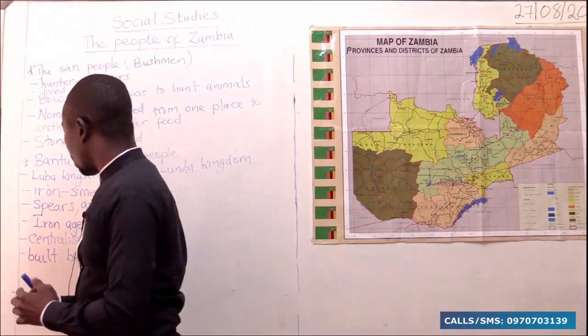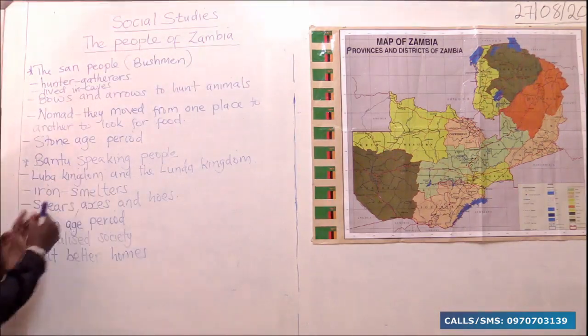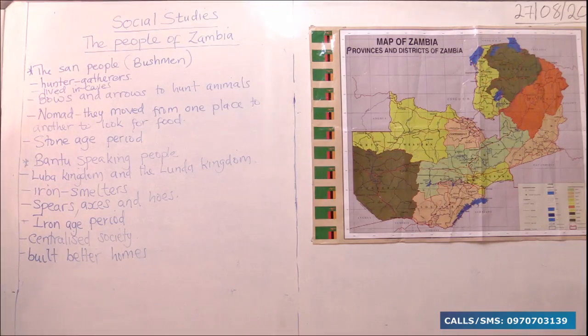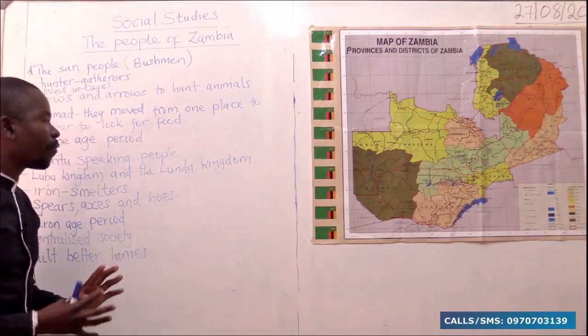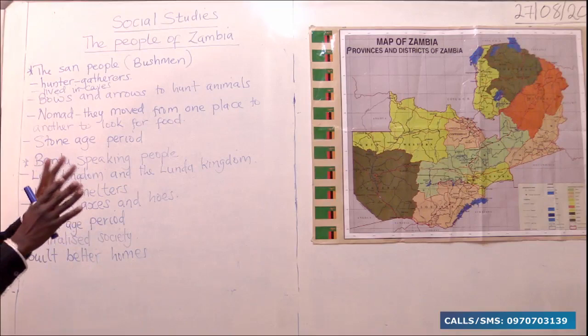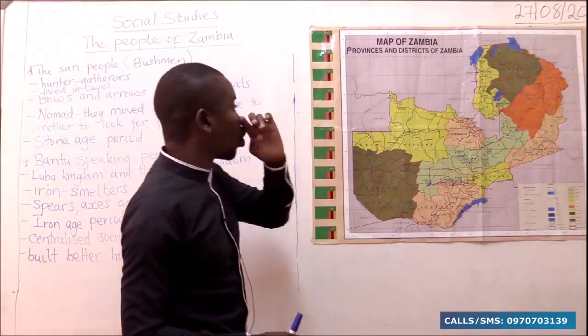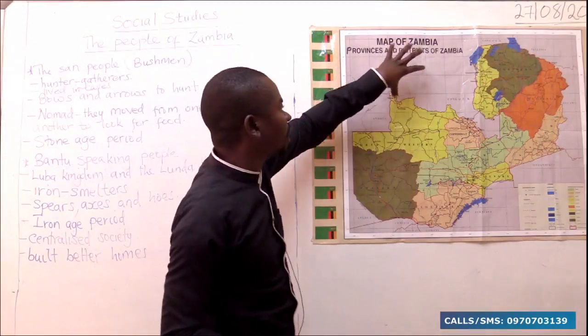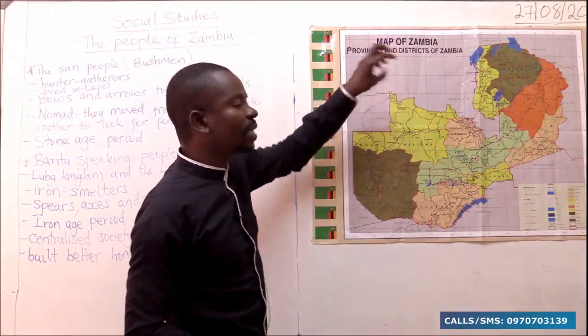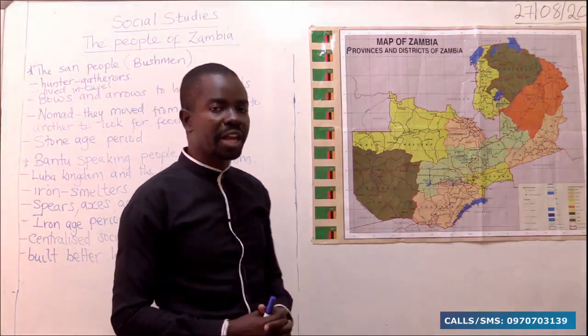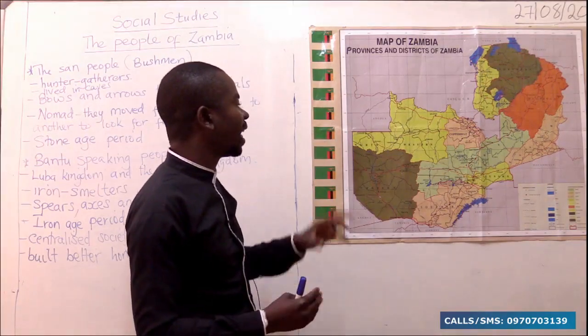So, boys and girls, if we look at the Bantu-speaking people today, these Bantu-speaking people are you and me. The Luba-Lunda kingdoms that we've talked about, which settled in Zaire, had different tribes.